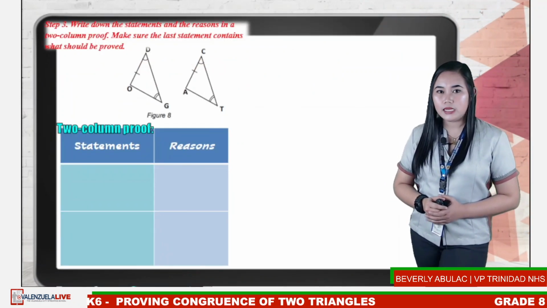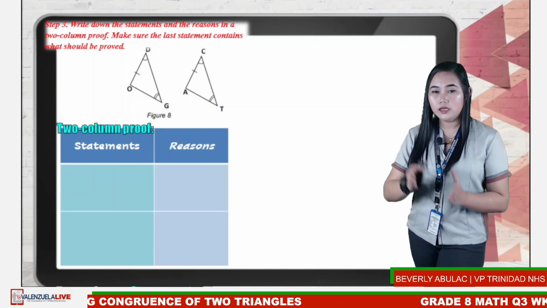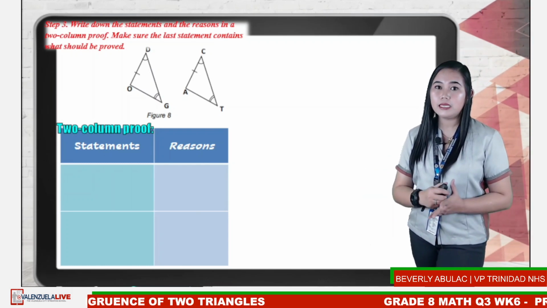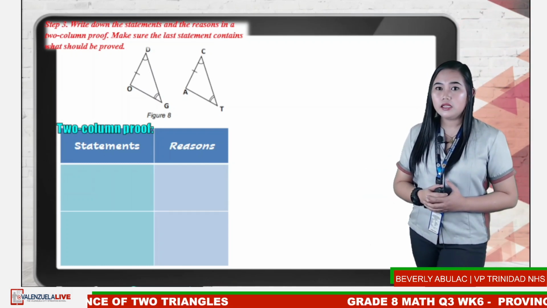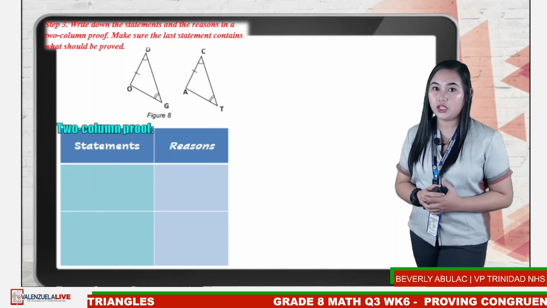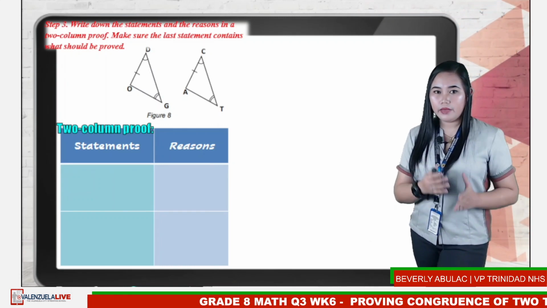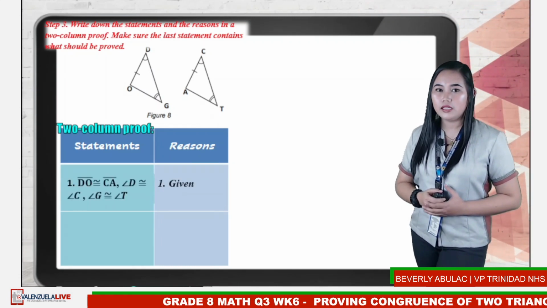Okay, for the last step, rather, step 3, write down the statements and the reasons in a 2-column proof. Make sure the last statement contains what should be proved. Now, the first statement, we have to write down the given.